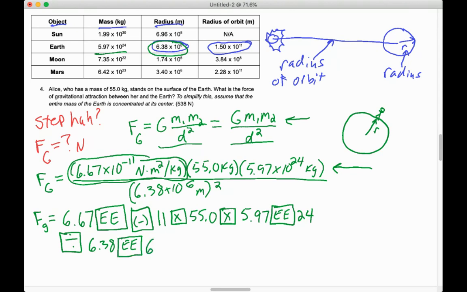And then this number gets squared. So here's an order of operations thing. On my calculator, there's a button that says x squared. If you enter this in the calculator, it might look like it's only squaring the 6 part and not the whole thing, but it is actually doing the whole thing. So you don't need parentheses.